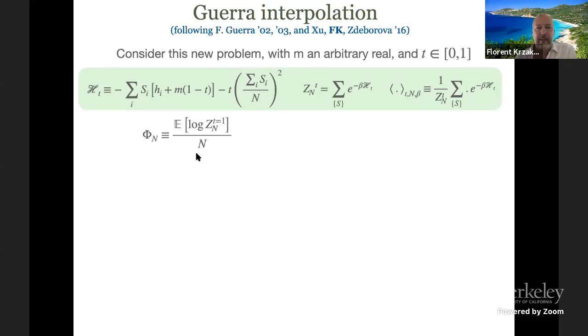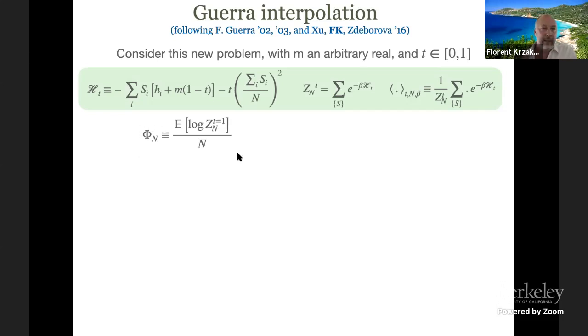Now the interesting thing is that when t is equal to 1, this goes away, and this is just the problem we want to solve. Okay, at t equals 1, this is the random field model. So phi n, what we want to know, is indeed the expectation of log of Z_n at t equals 1, divided by n. And what we really want to know is the limit when n goes to infinity of it.